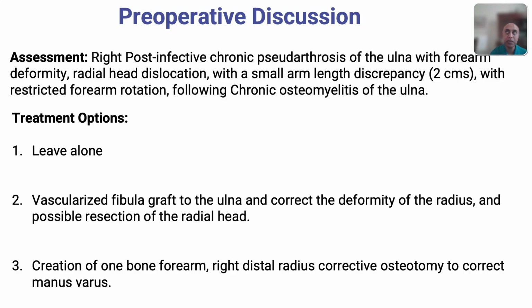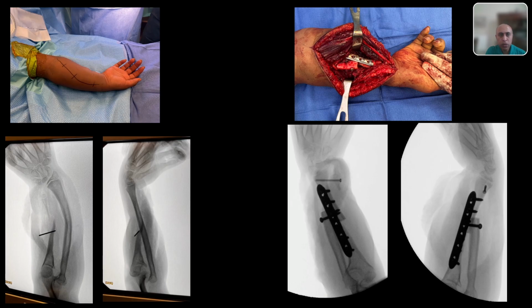But the problem was the distal segment of the ulna was not big enough to do any kind of reconstruction, either non-vascularized or vascularized, or even a non-vascularized fibula graft like you've heard before. And then the last option, because she already had significant restriction of range of motion, was to create a one-bone forearm.